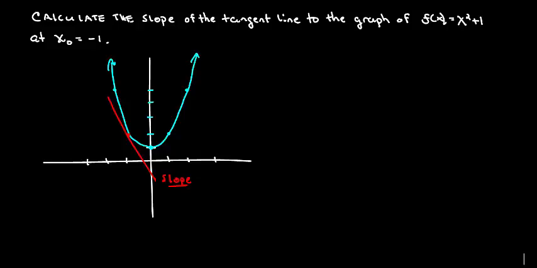The derivative is an actual equation. The derivative is an entire equation that gives us the slope of the tangent line anywhere along the curve. So we're looking at a specific point and looking for the slope here. I'm not going to necessarily call it the derivative, just call it the slope of the tangent line.